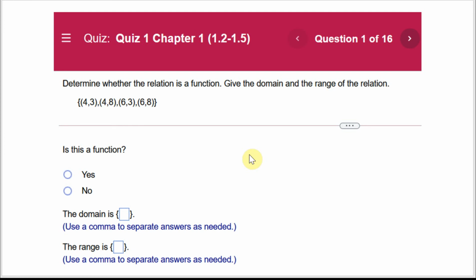Divided by h. And then we simplify. Yeah, so this is -2x minus 2h plus 7 plus 2x minus 7 all over h.